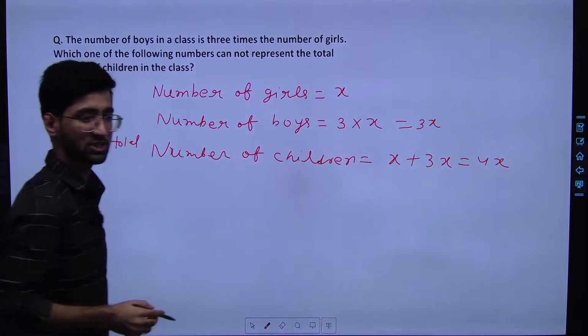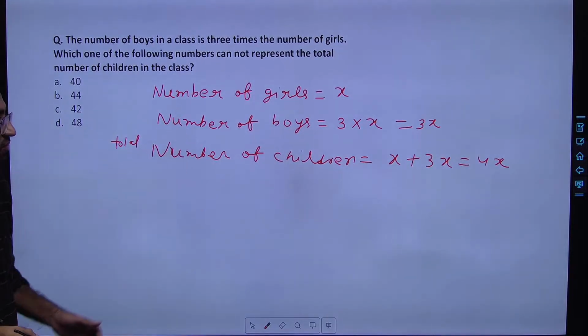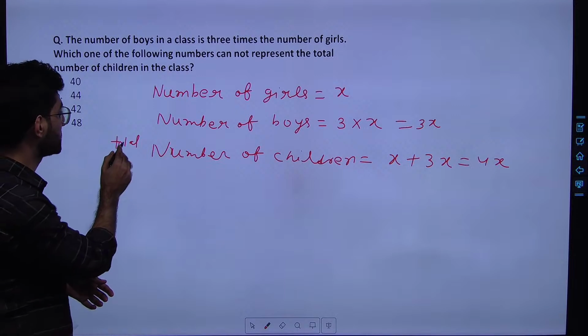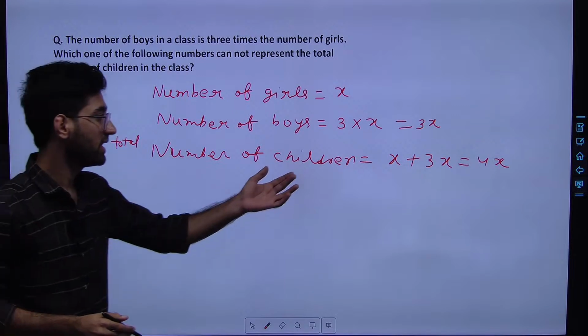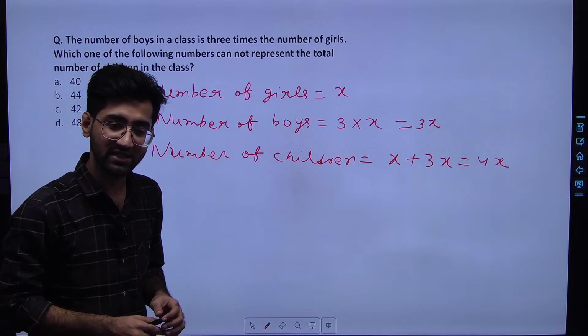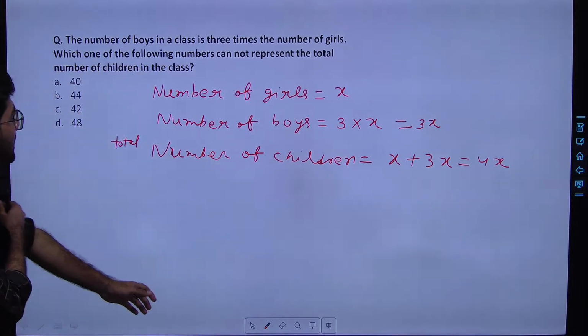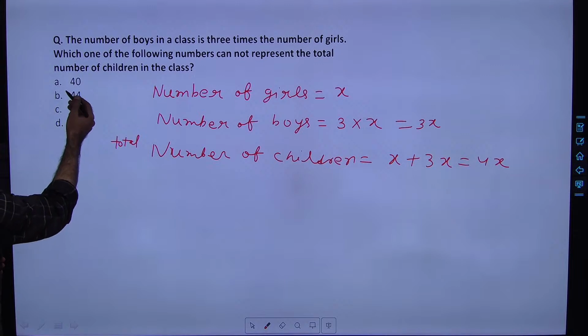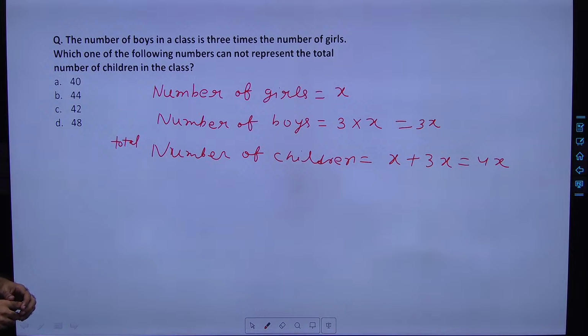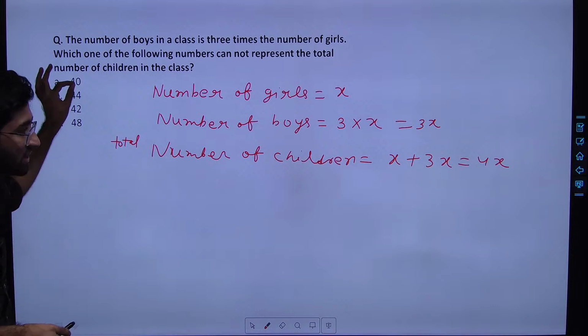Are you able to get this point? That this is the number of girls, this is the number of boys. So total number of children in the class will be X plus 3X, that is equal to 4X, right? Now you have to answer that which one of these 4 numbers cannot represent the total number of children in the class. So let us check each number.